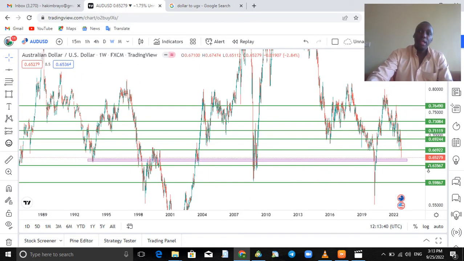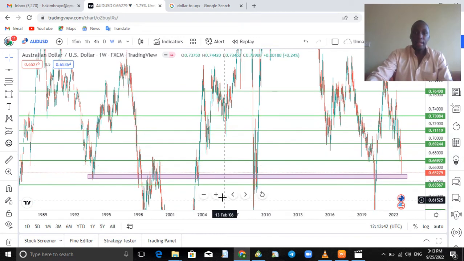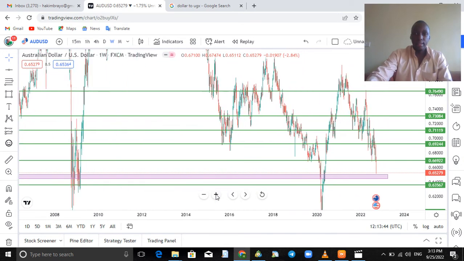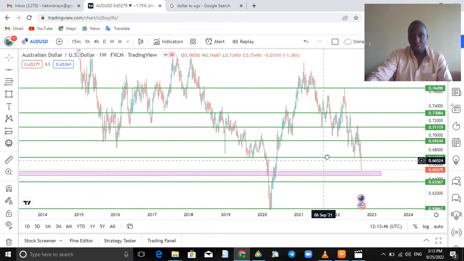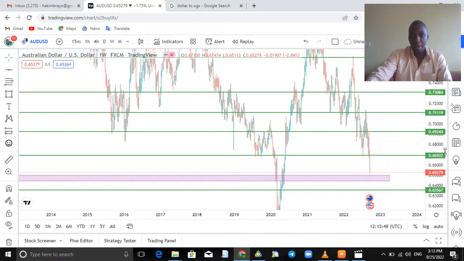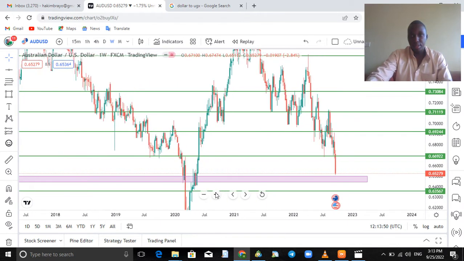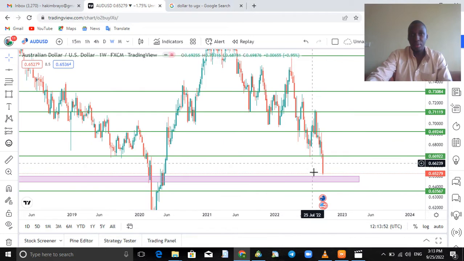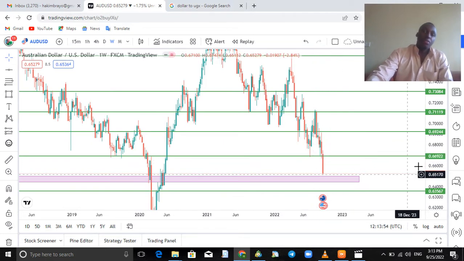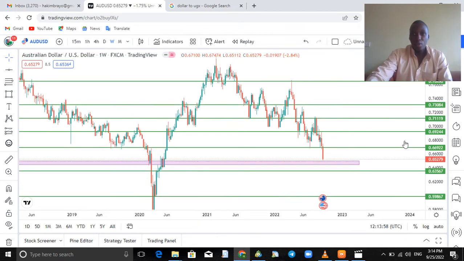Now this level can act as a support level, and you may find this pair buying next week, coming back to retest this recently broken support level. But at the moment we haven't got the confirmations of where exactly this pair is heading.